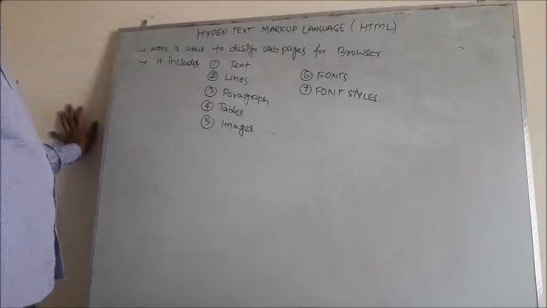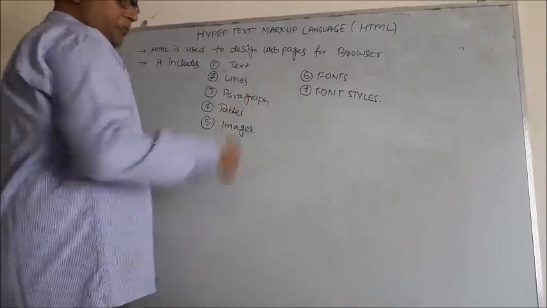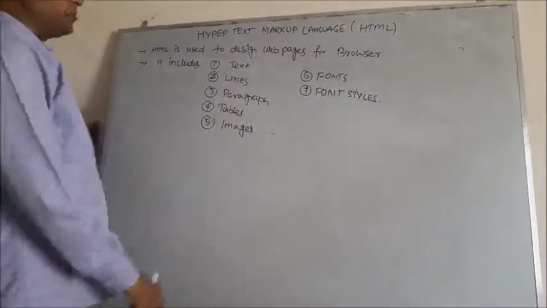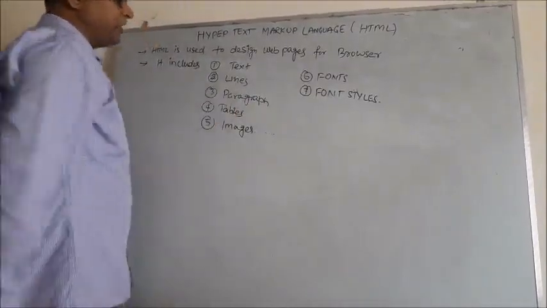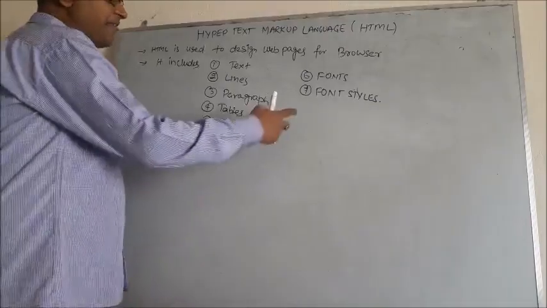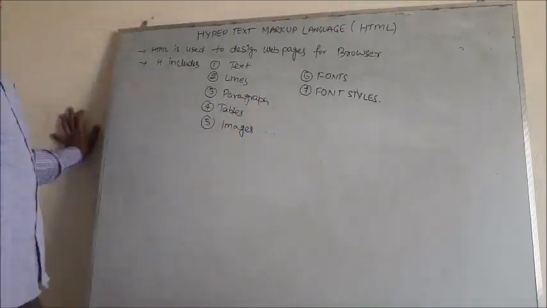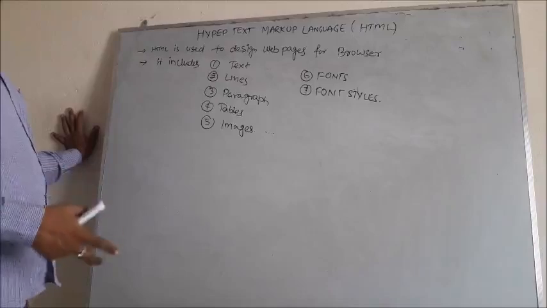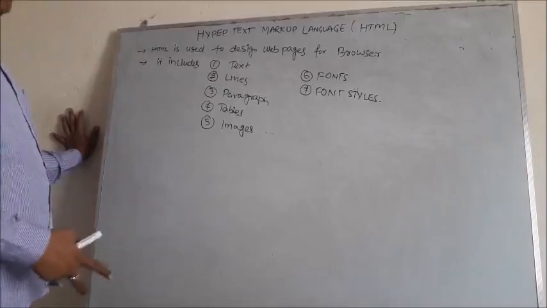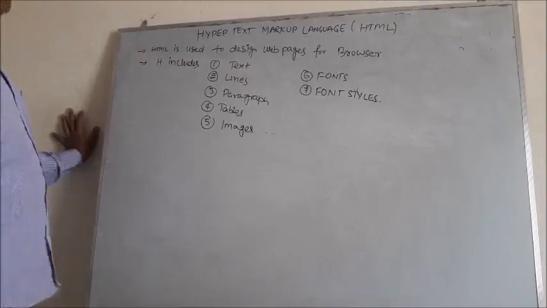Apart from that, text can have different fonts. We can use different fonts, which I will also introduce in HTML, and we can have different styles of fonts also, right? That means, suppose you want to write text in bold or in italics, that is possible in your font style.